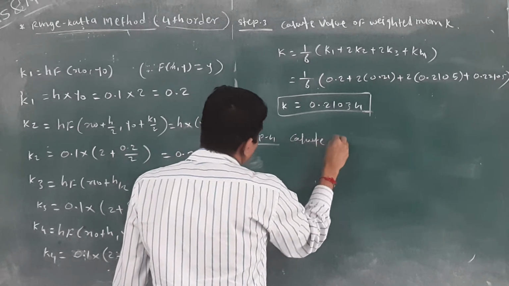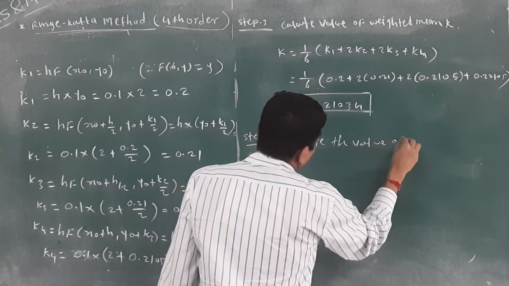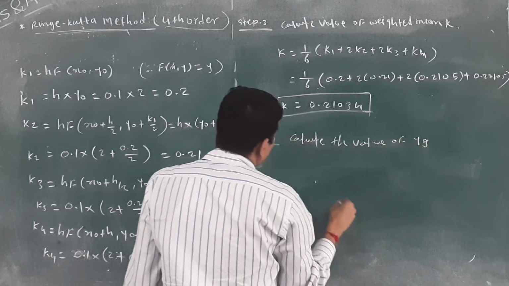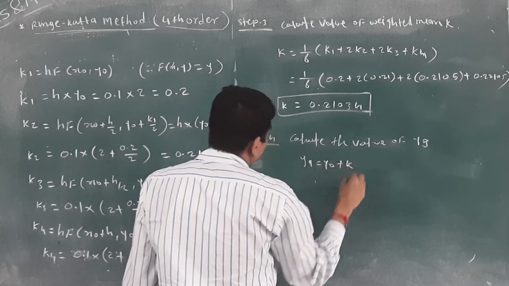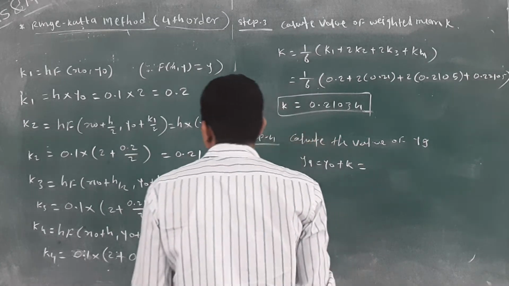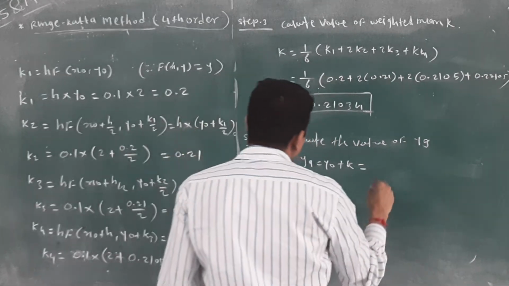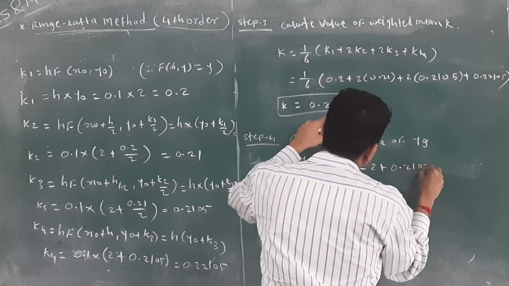Calculate the value of yg. How to calculate the yg? We know that yg is equal to y0 plus k. What is the value of y0? We know that 2 plus this one, 0.21034.